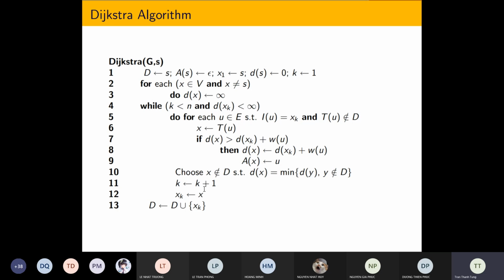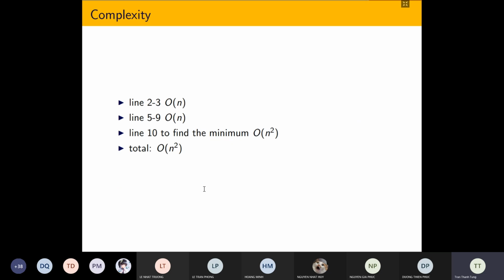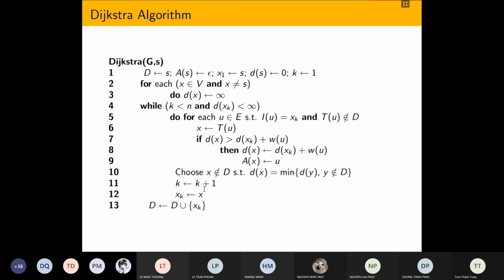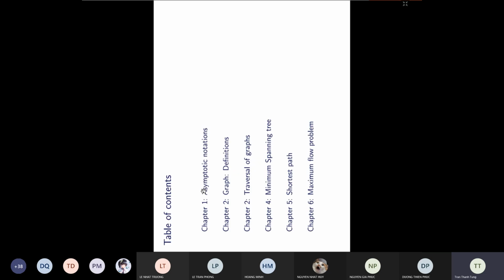Let's try to find an example, a graph for shortest paths.